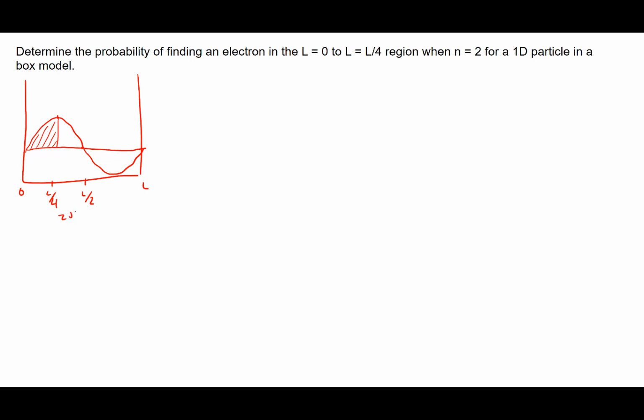And we can do that qualitatively just by looking at the plot. If you're being asked to do it in a more quantitative manner, you're going to have to do a little bit of calculus, because you're going to have to do an integration.